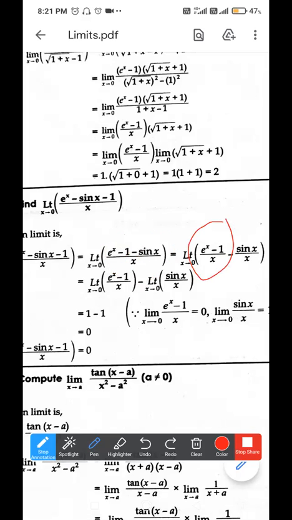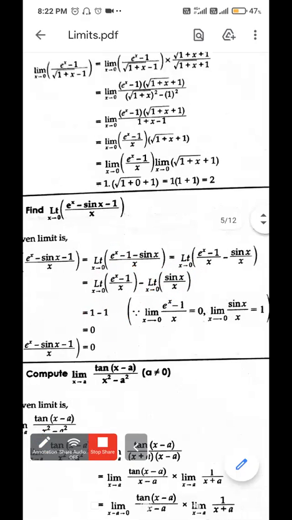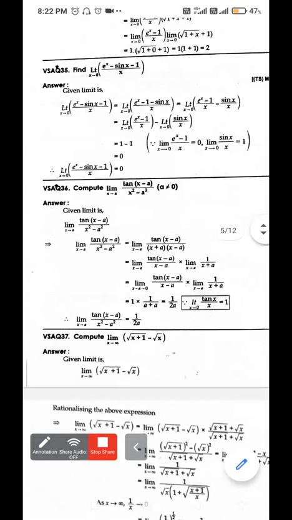So you get e power x minus 1 by x minus e sin x by x. So limit x tends to 0 of e power x minus 1 by x minus limit x tends to 0 of sin x by x. E power x minus 1 by x is equal to 1. Sin x by x is also equal to 1. This minus sign will remain minus sign. 1 minus 1 is 0. Understood?